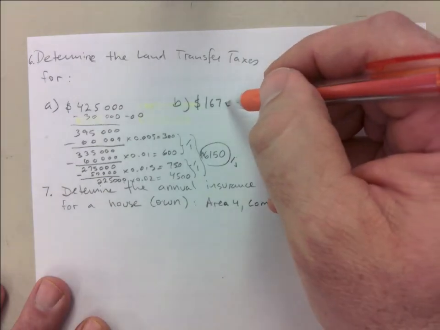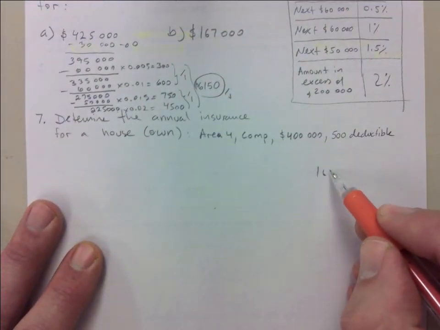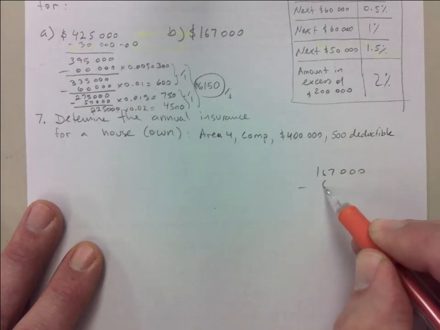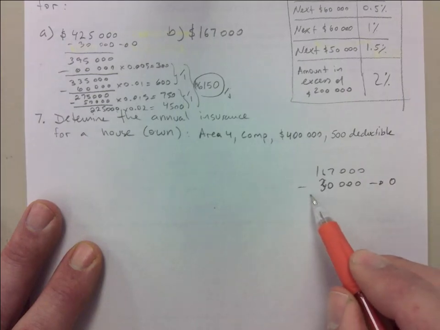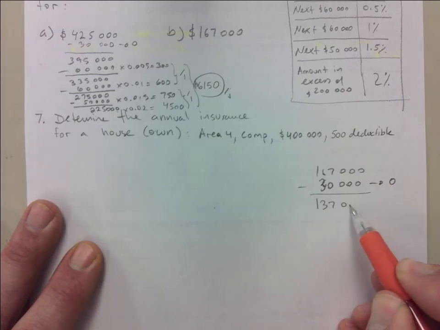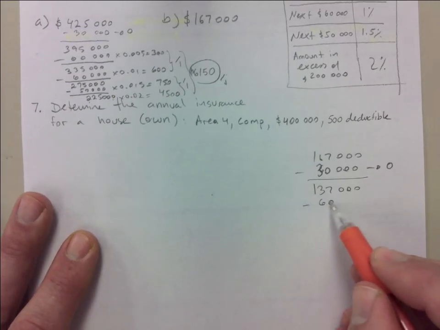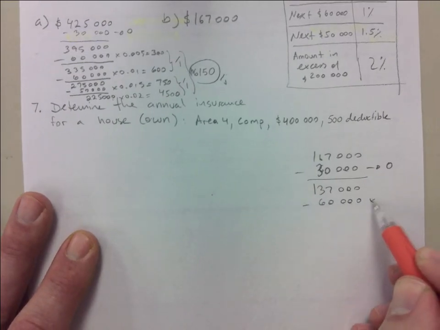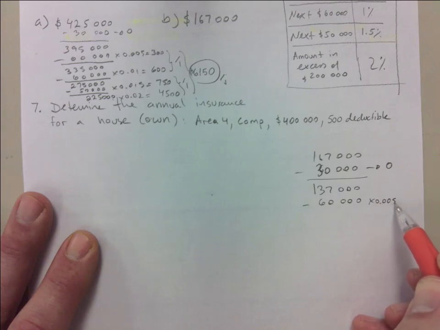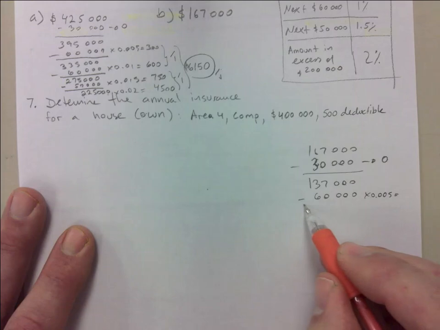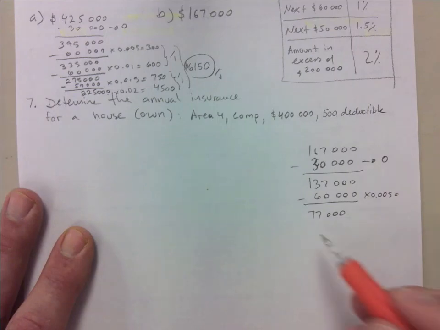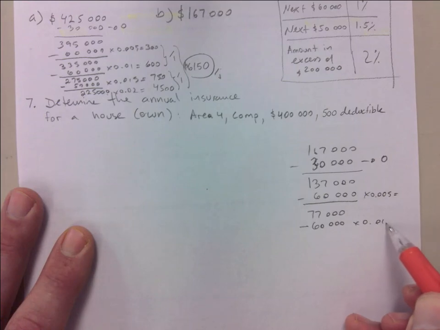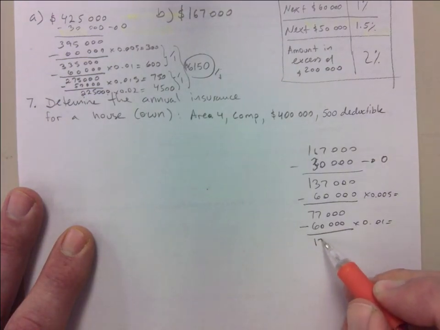And I'm going to do the 167 over here. So you subtract 30,000, no taxes on the first 30. You're down to 137. The next tier is $60,000. You multiply by 0.005. You're down to 77,000. You can still subtract the next tier. You're left with 17,000.